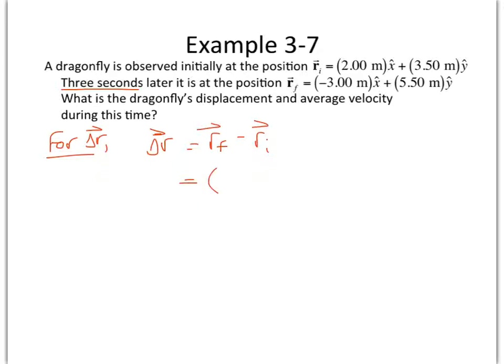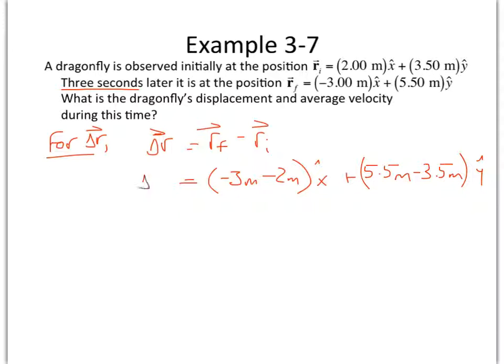That's negative 3 meters minus 2 meters x hat, and the difference between the y hat, so that's going to be final y, 5.5 meters minus 3.5 meters y hat. And that's going to be our y hat value right there.